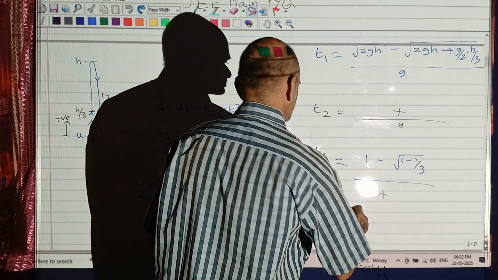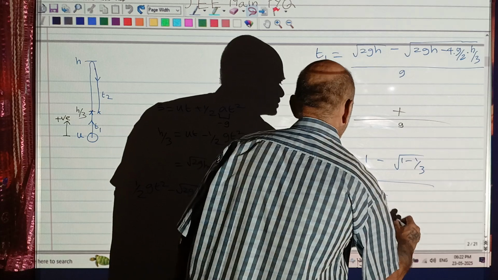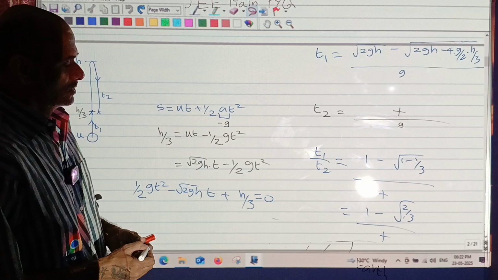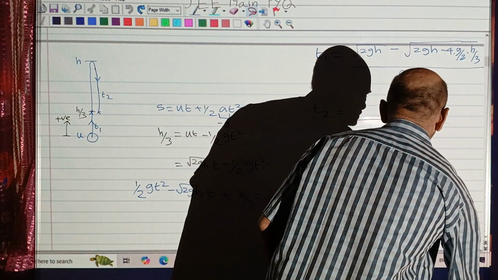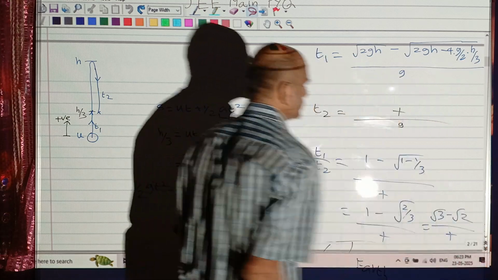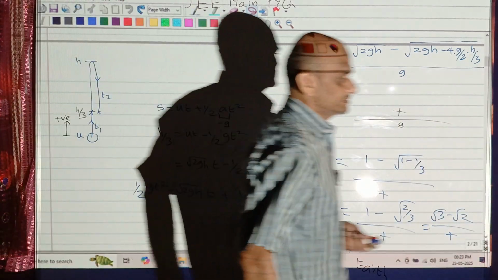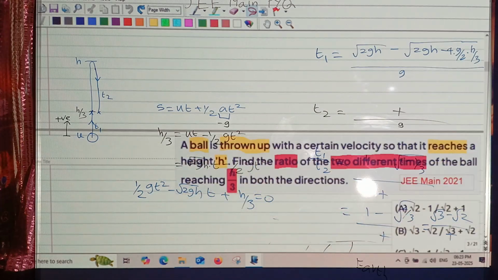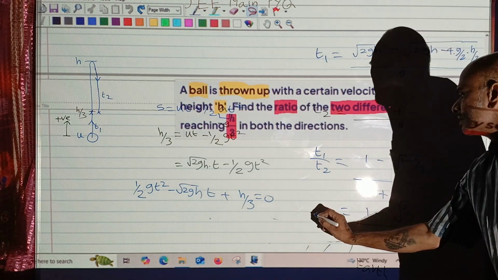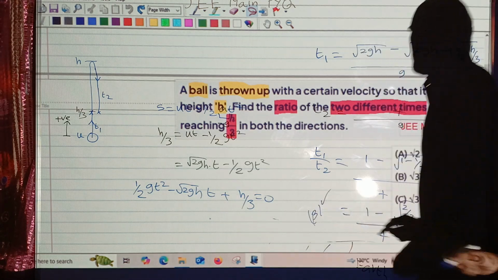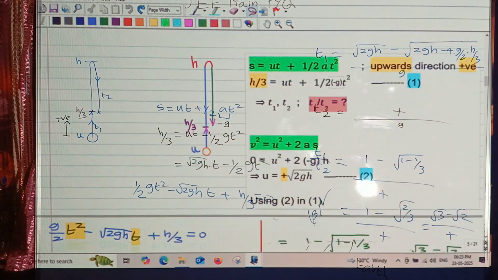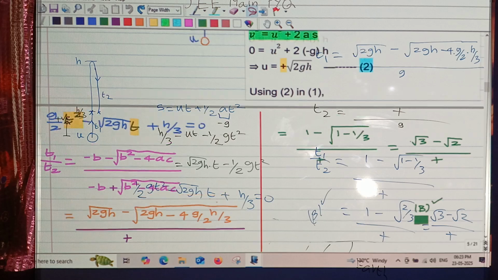So this is 1 minus square root of 2 by 3 divided by 1 plus square root of 2 by 3, which is root 3 minus root 2 divided by root 3 plus root 2. So this is the answer. It matches with option B. B is the correct answer.